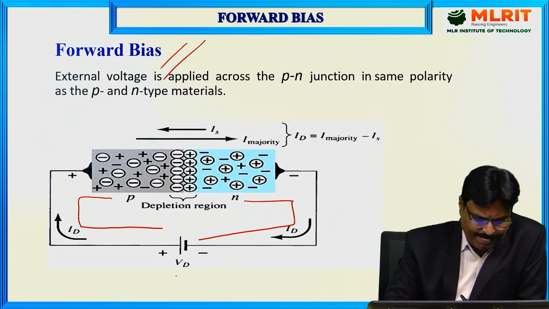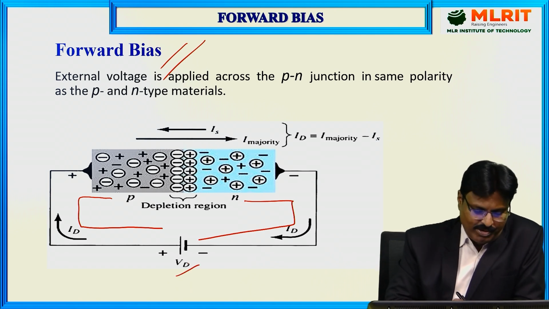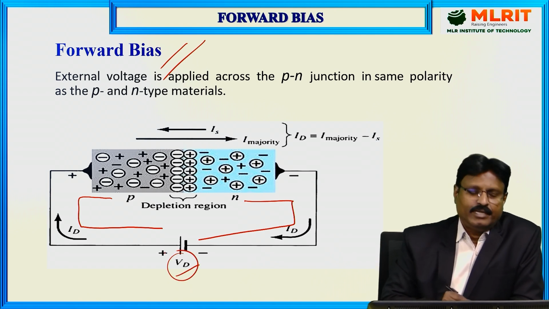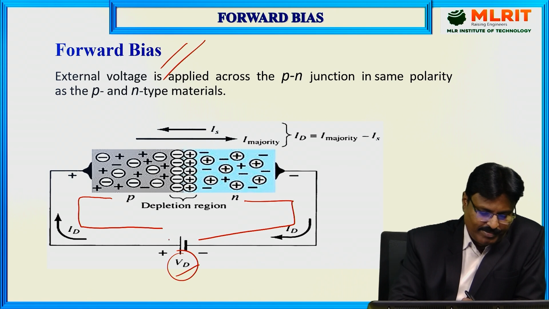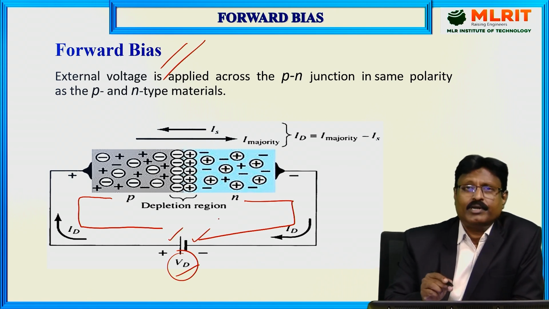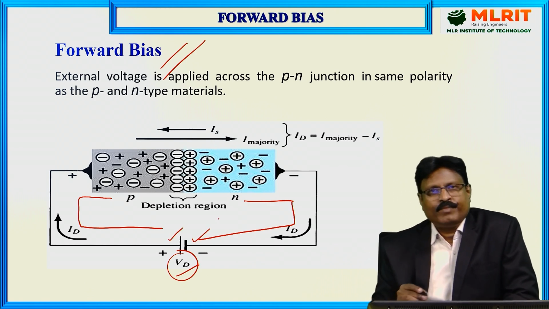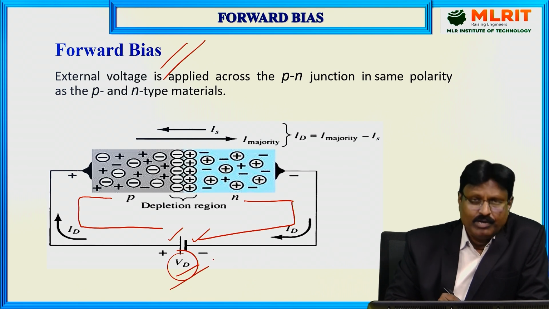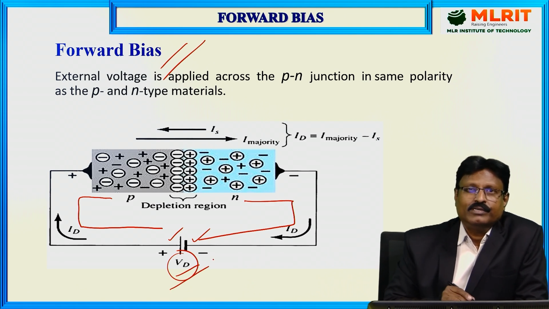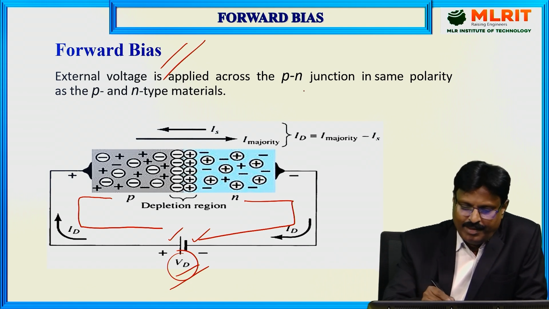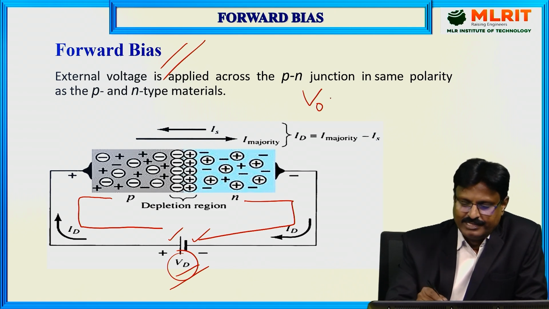Okay, forward bias. I am applying a forward bias voltage VD. That means P is connected to the positive terminal of the battery and N is connected to the negative terminal of the battery. By the application of this forward bias voltage, what happens inside the device? As I already said, under zero bias a barrier potential is created inside the device.